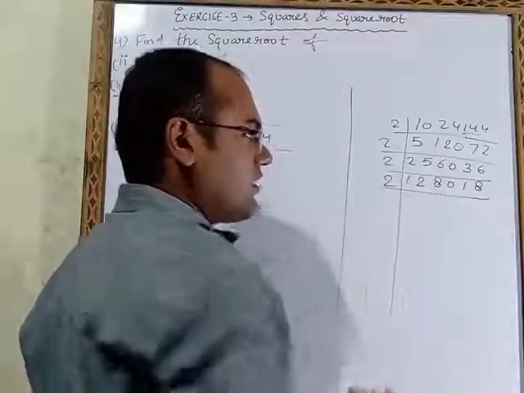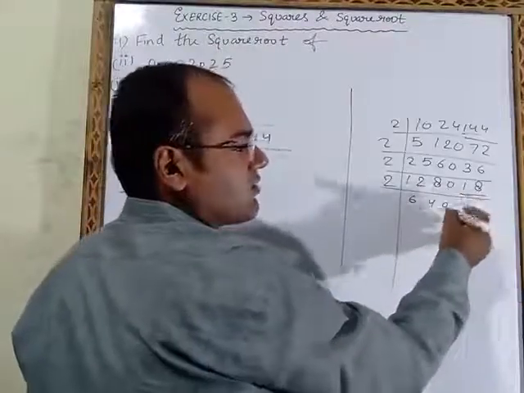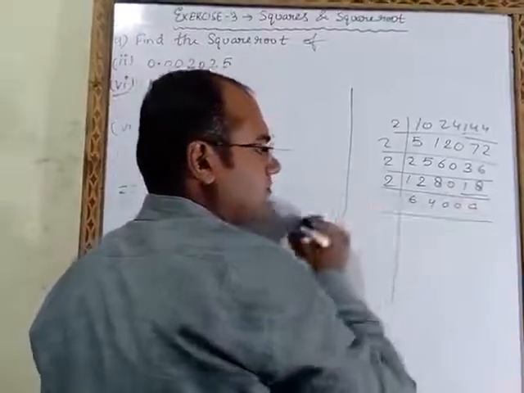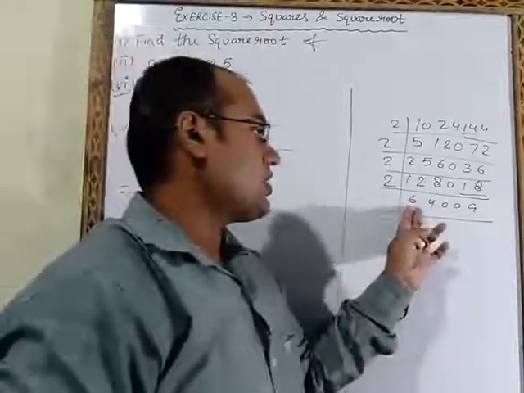Then again we divide by 2: 2 6s are 12, 2 4s are 8, 0. Both the numbers we have to take together, so we take 10, 2 9s are 18.